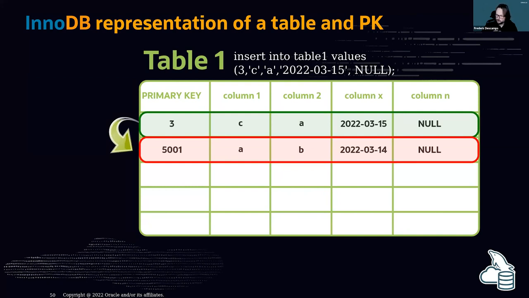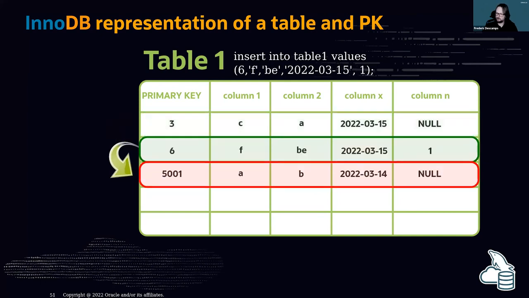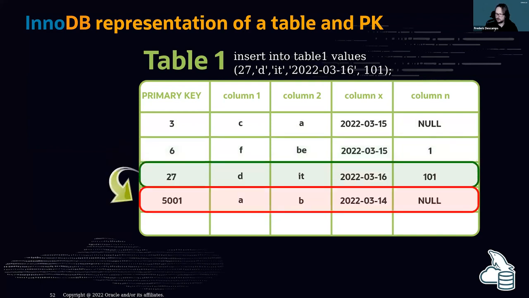What happened? As you can see, the 3 on the table itself will be inserted before 5001, meaning that we need to move 5001 somewhere next after it. We enter 6. We need to add 6 after 3, and we need to move again 5001.